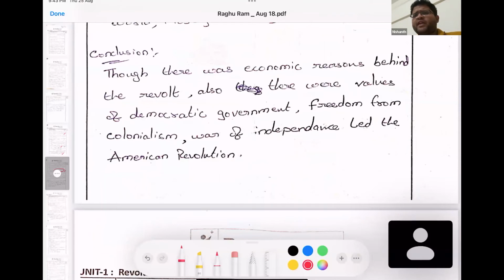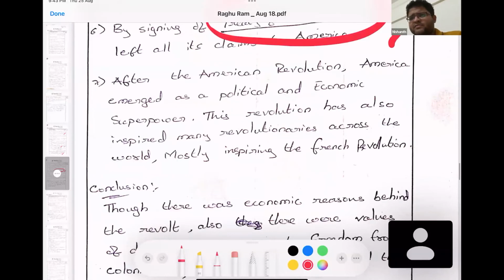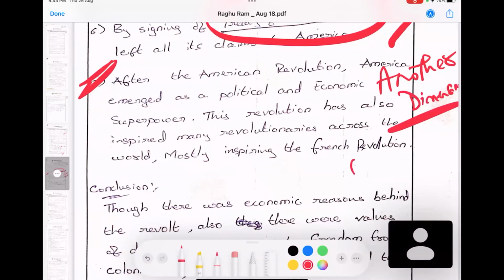You should have written the other dimension. Here you have to write a side heading, Raghu. You have to give another dimension also. What is the other dimension? Or you can say I have mixed the other reasons also.